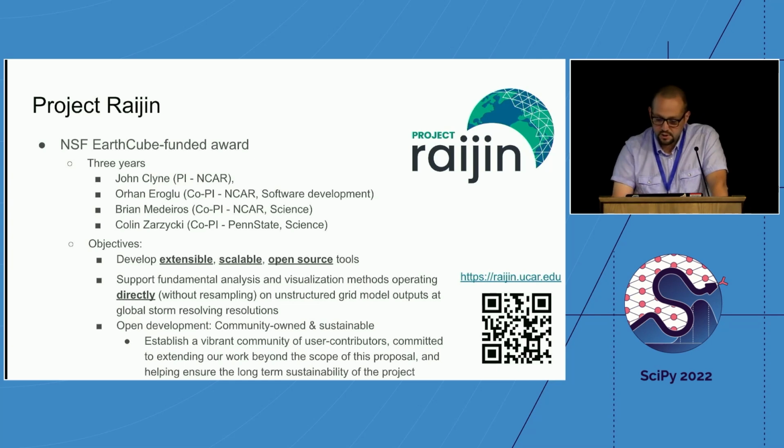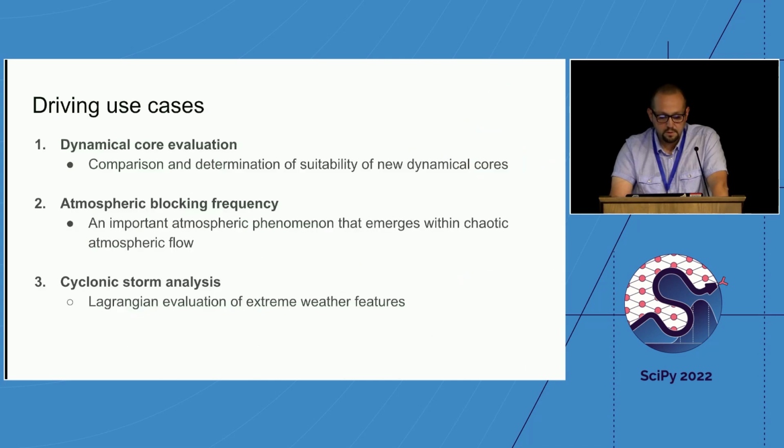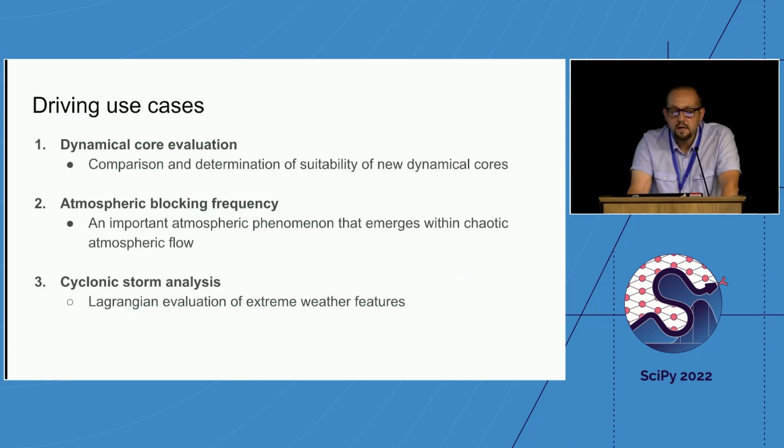And open development is the same, as we would like to have a vibrant community around it. And we have defined some driving use cases for this unstructured grid research: dynamical core evaluation, atmospheric blocking frequency, and cyclonic storm analysis.